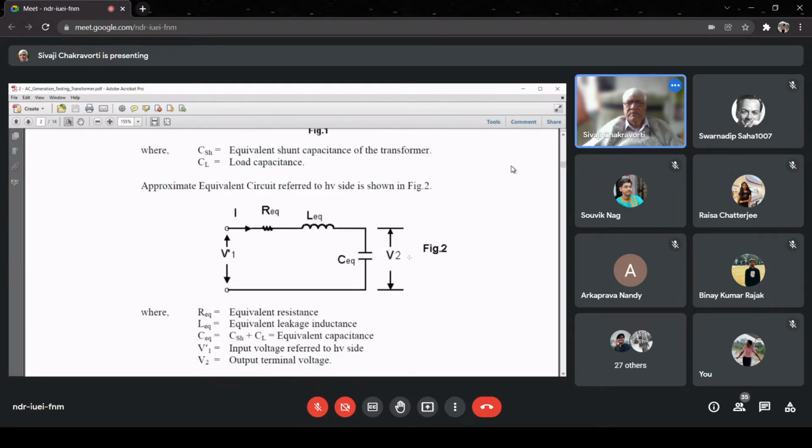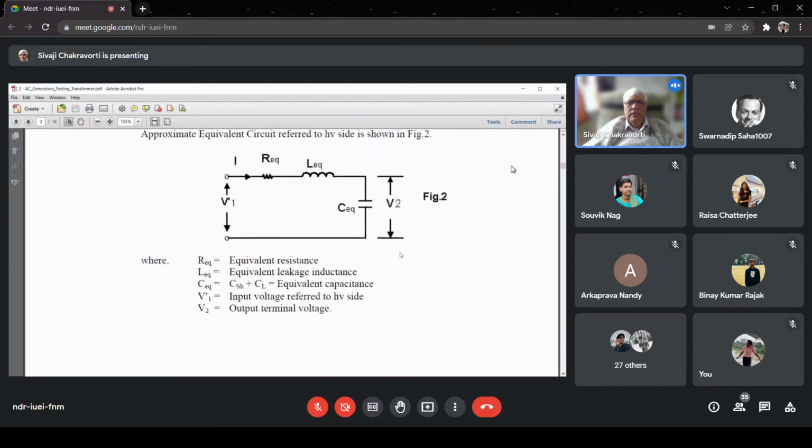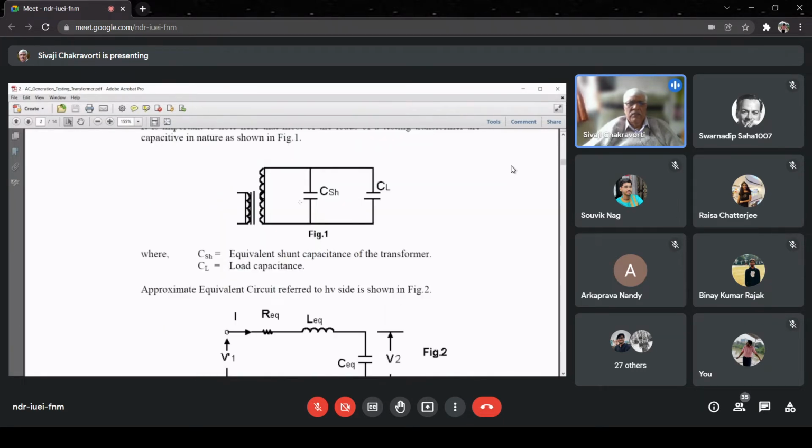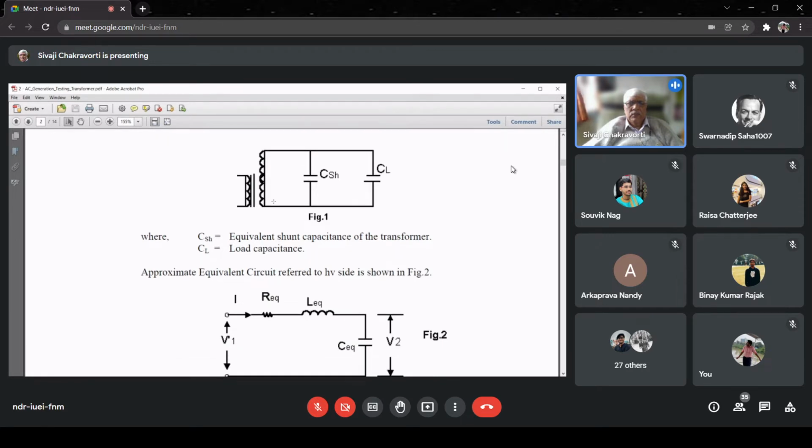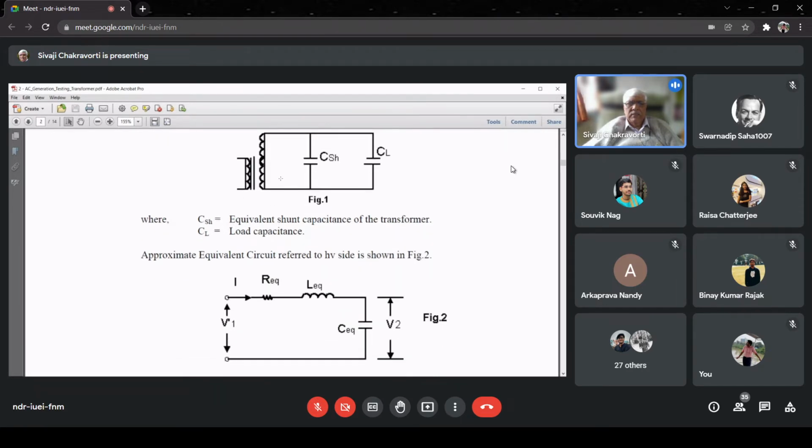Now here in figure 2, this V1 prime is nothing but the voltage at the secondary terminal of the transformer. That means here on the high voltage side. You know that transformer voltages can be always represented either in terms of primary or in terms of secondary.